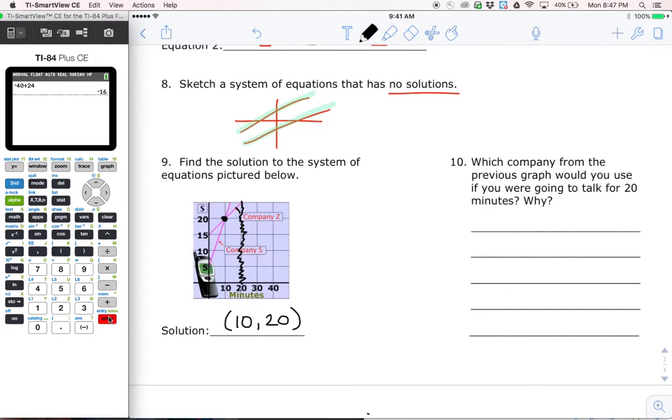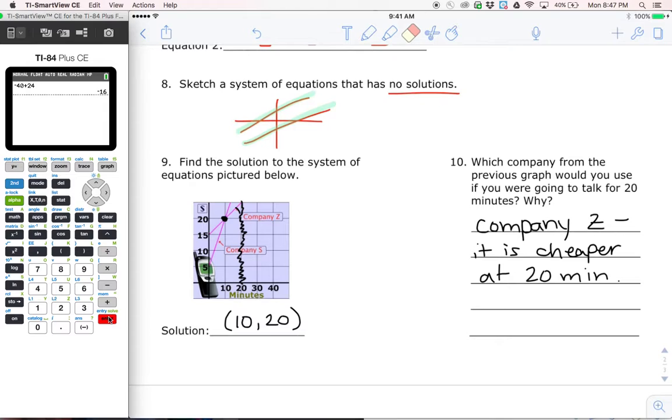So I'm going to say company Z. It is cheaper at 20 minutes. In fact, it's cheaper for any point after the solution, right? Any time after 10 minutes, company Z is cheaper.